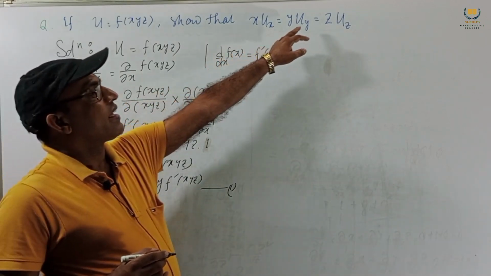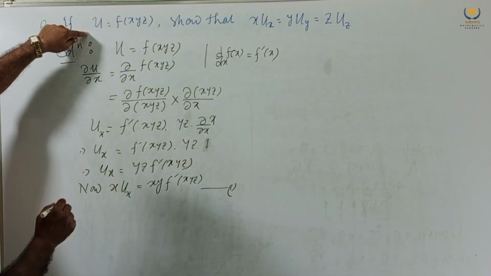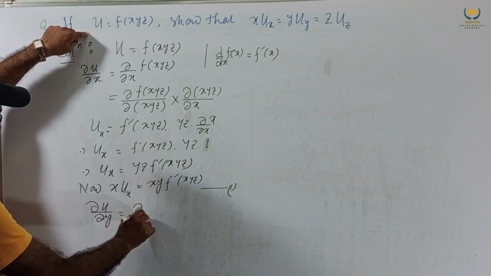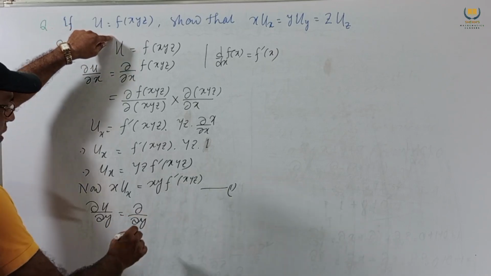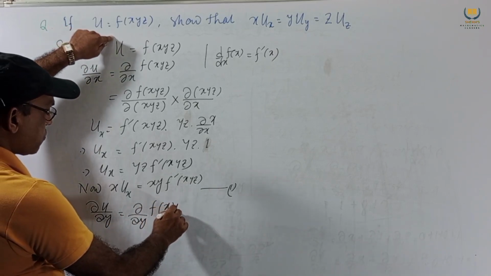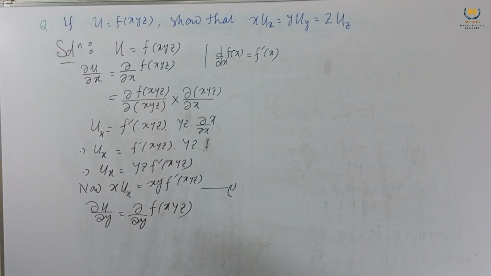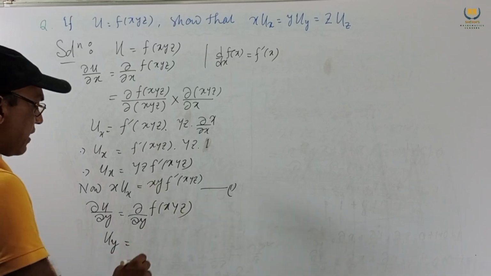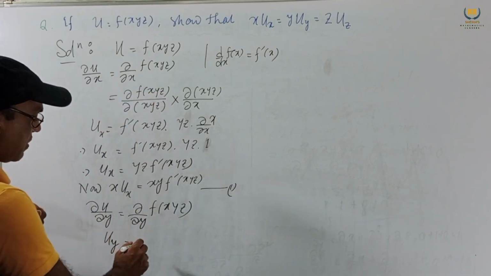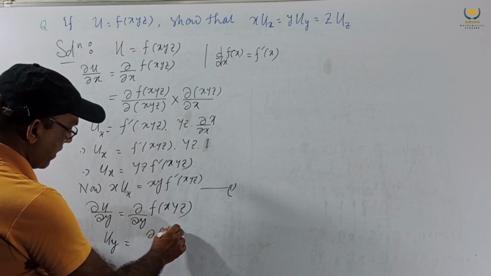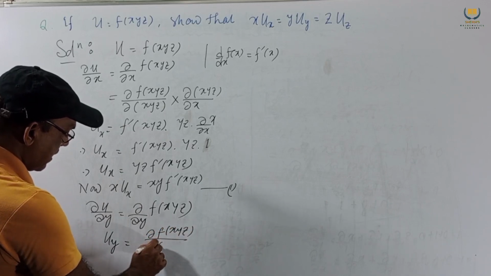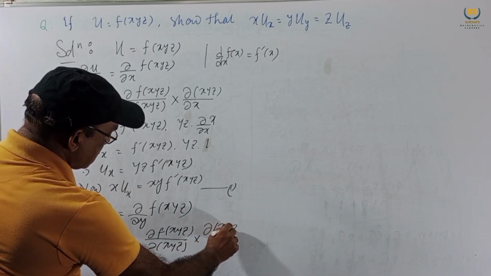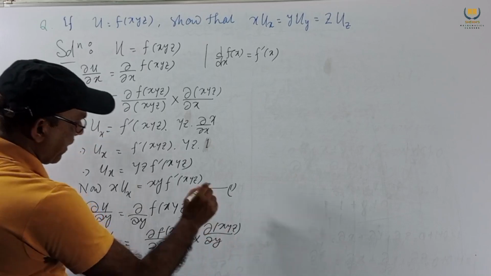Next, uy. We differentiate partially with respect to y. Del y of f of x, y, z, and this is uy, and again we take chain rule, del f of x, y, z by del (x, y, z) into del (x, y, z) by del y.